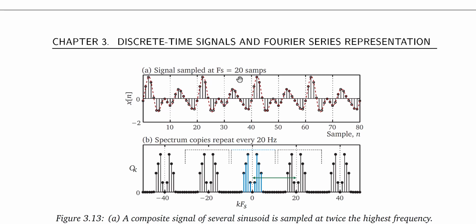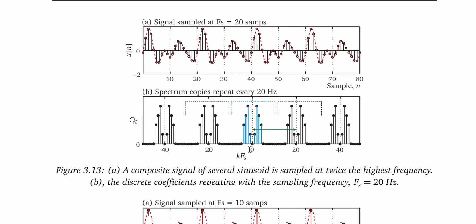The sampling frequency was 20 samples, so every 20 samples, the spectrum repeats. And it's nice that there's a little space, because we can filter it out, and we're not going to get much of this stuff. We're just going to capture the principal alias. This spectrum right in the middle is called the principal alias.